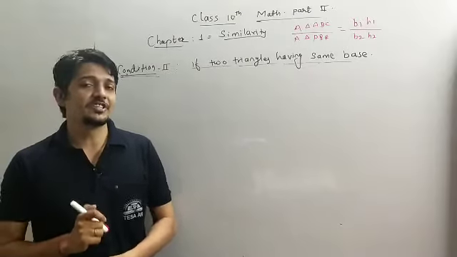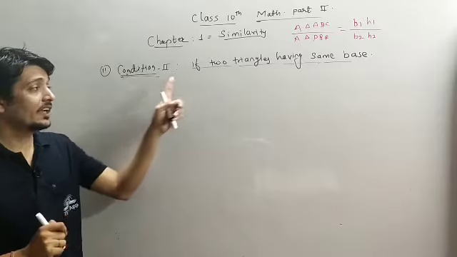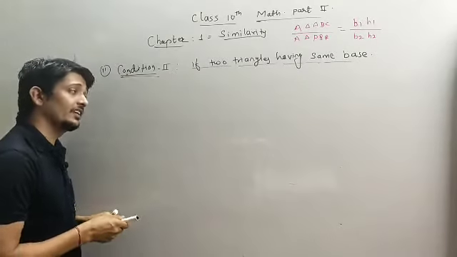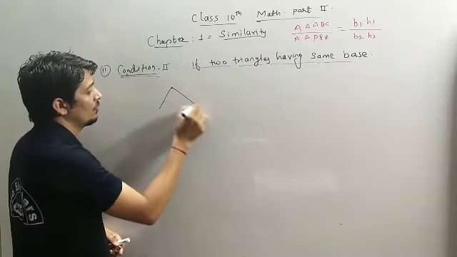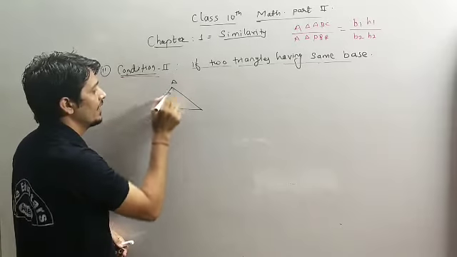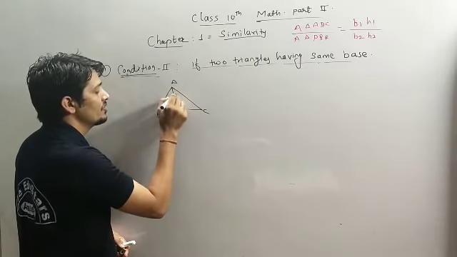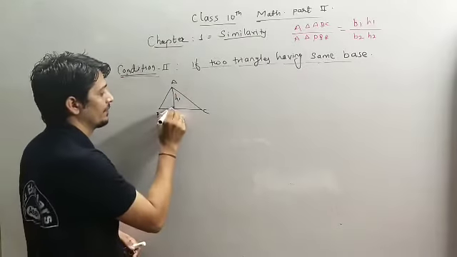So now next condition. The condition 2 says if two triangles having same base, let one triangle we have A, B, C, and it is a point D which represents height H1.